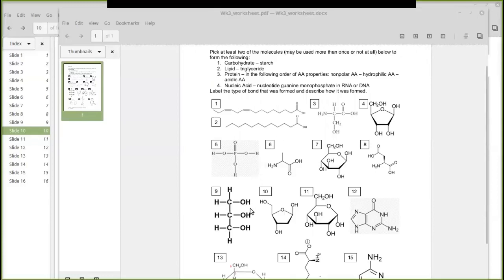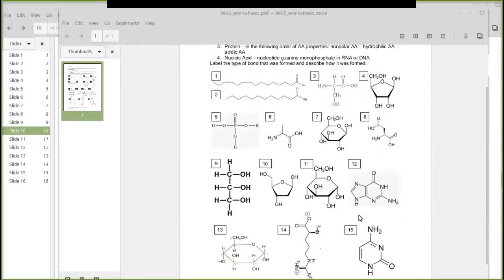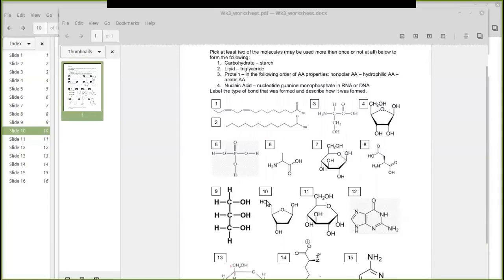And what would be the bonds that hold them together? Is it phosphodiester? Phosphodiester would bind together the backbone, right? And then what would bind together the different strands of the DNA?